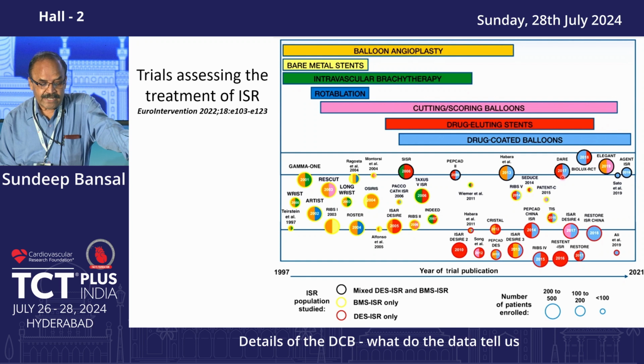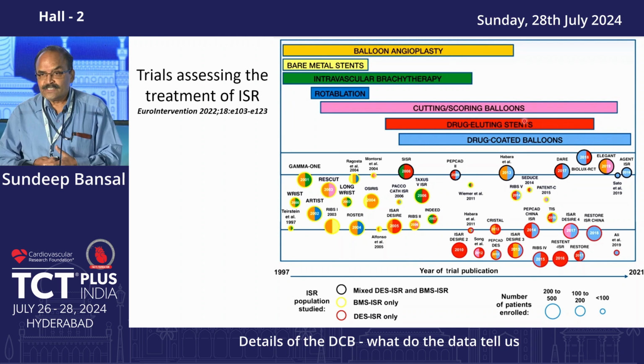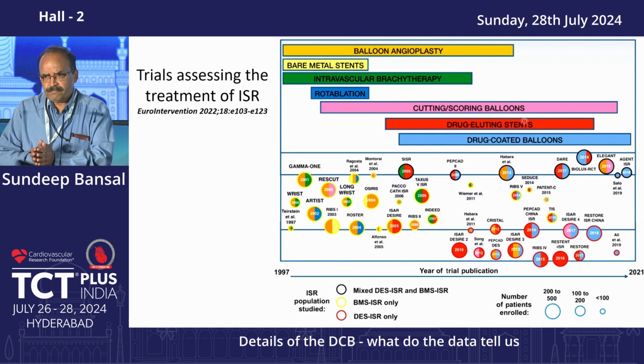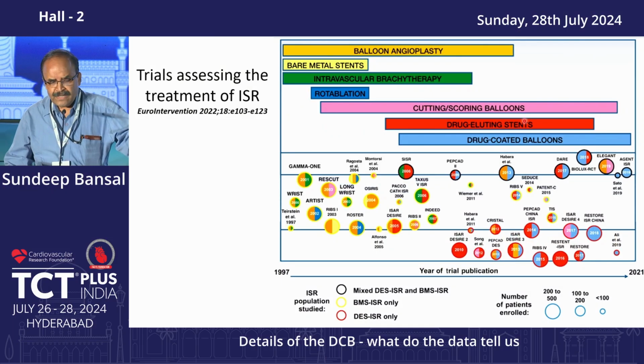This is a busy slide, but this also tells us what the comparators are. So this trial, for example, compared drug-coated balloons versus balloon angioplasty. And this DARE trial compared drug-coated balloons versus drug-eluting stents. So the data is a small number of patients, but the comparators are so many.